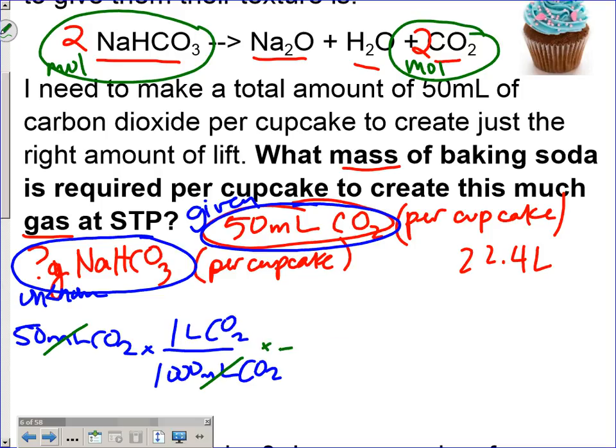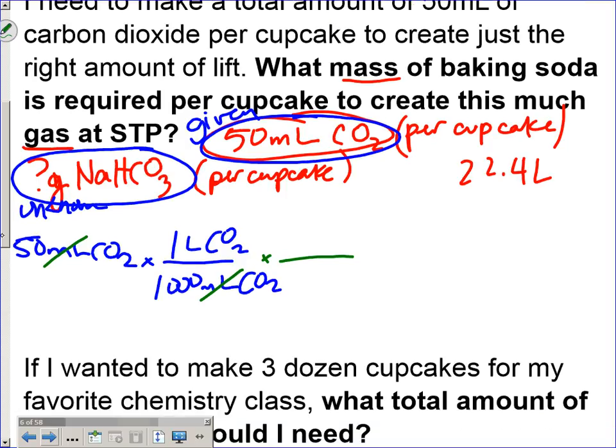Okay, so let's do our next step here. I know liters have to go away, so they have to go on the bottom of the fraction. So 22.4 liters is equivalent to 1 mole. That's information you knew from about 2 weeks ago. That's what this conversion is right here.